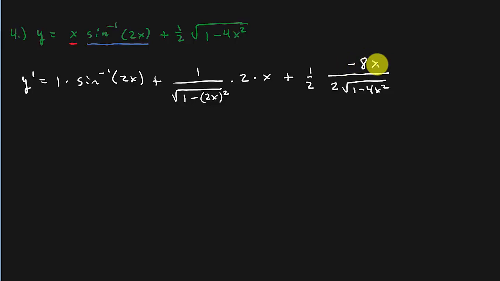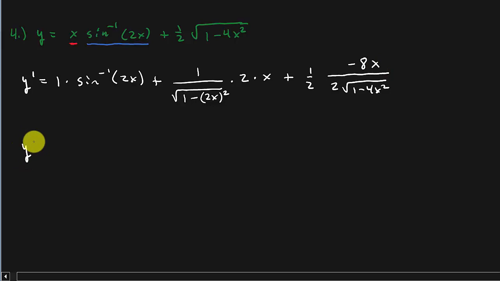And now we need to clean this up some. So that's inverse sine 2x plus, and then that's going to be, what is that, 4x? No, not 4x. Where am I getting 4x from? 2x over the square root of 1 minus 4x squared.